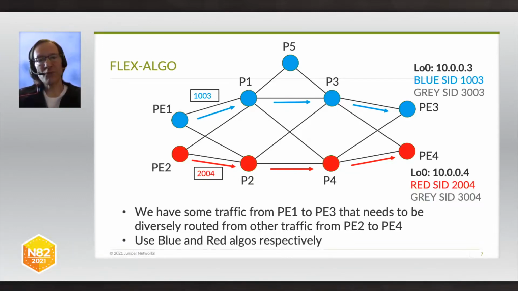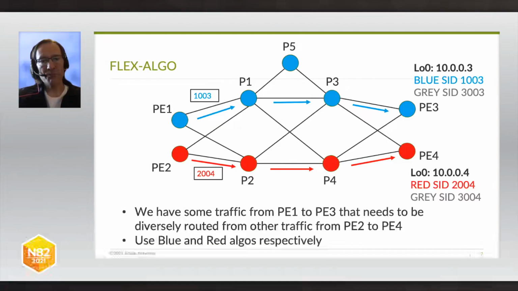So this is very good for high availability services where you're deliberately sending duplicate traffic in a live fashion across the network. This is often used for financial market data or broadcast video. So it's a very neat application of flex algo.